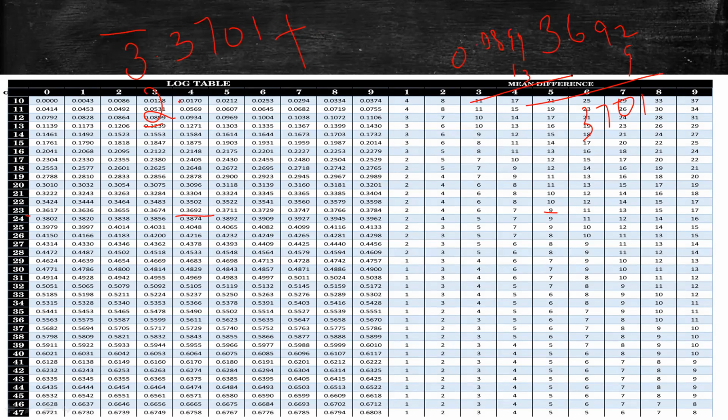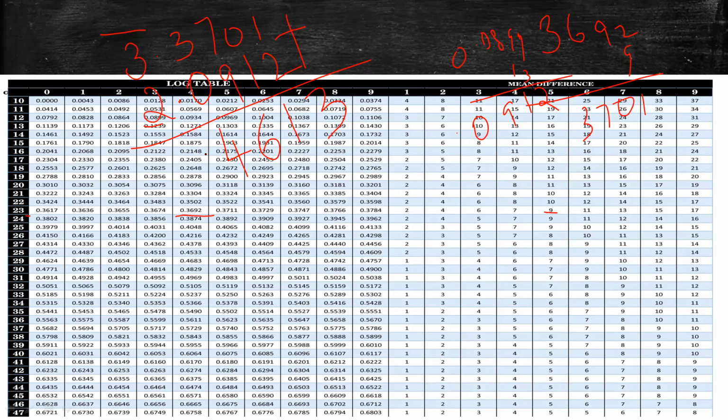So it is going to be 0.0912. So I'm writing it as 0912. Add these two numbers, it becomes 3, 1, 7 plus 9 is 16, 4.